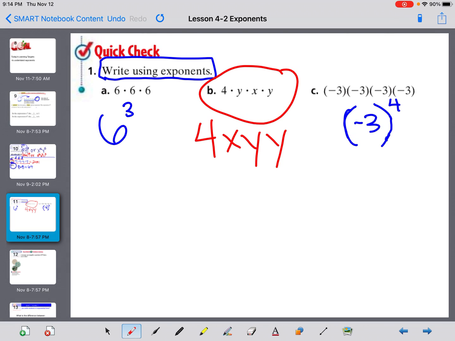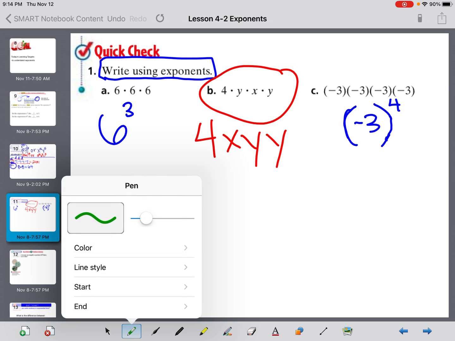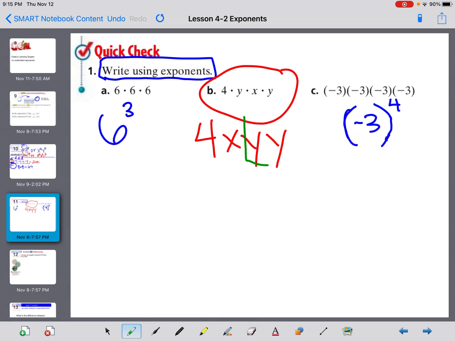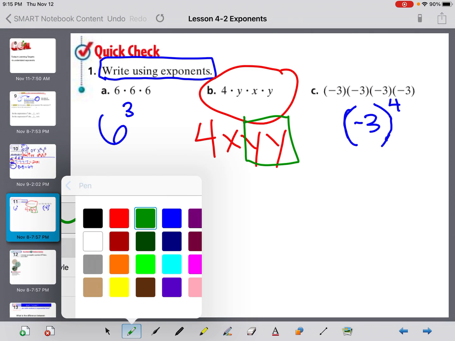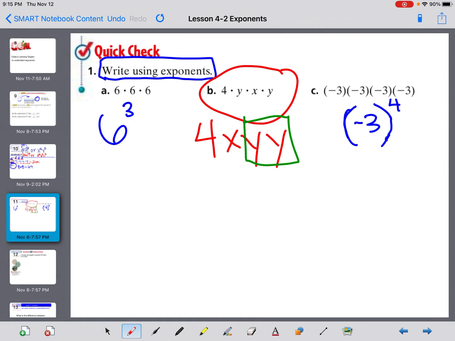But wait, y times y, I should really write that with an exponent. Where'd the multiplication dots go? Oh, they're in there. You can write them, but you don't have to.